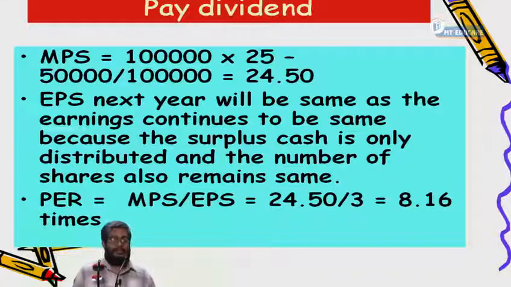Finished? I'm waiting. P/E ratio, MPS by EPS, last line, 24.5 by 3, 8.16 times. Those who have not copied, please raise your hand. Please go a bit faster. Can I put the next slide or not?